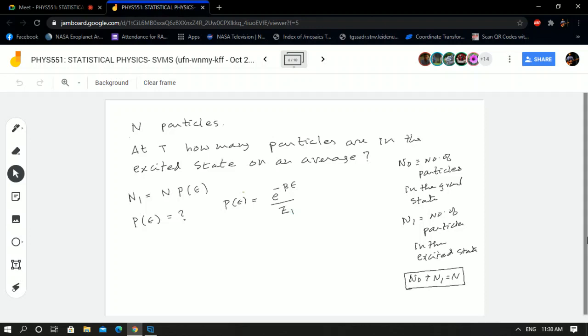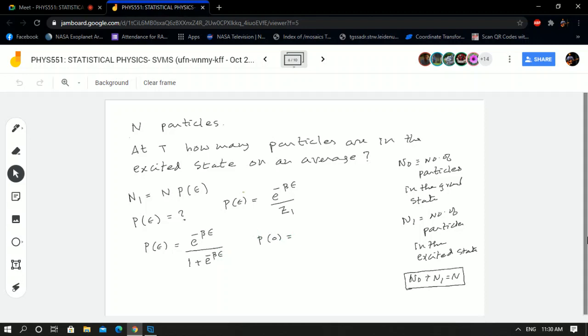So your p of epsilon is given by e to the power minus beta epsilon divided by 1 plus e to the minus beta epsilon, because that is our Z1. What is the probability of the ground state being occupied? We call it, let's say, p0.